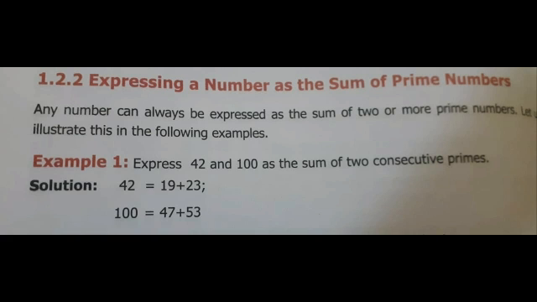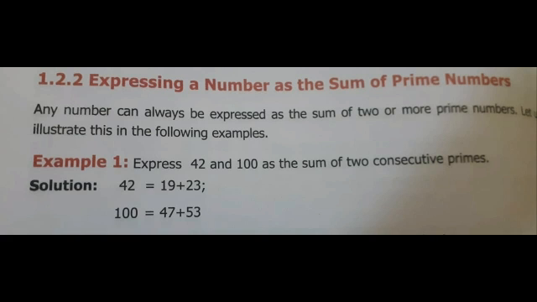That means the numbers are 42 and 100, and the question asks for the sum of 2 consecutive primes. Consecutive means continuously.